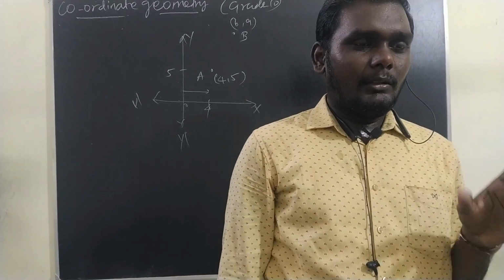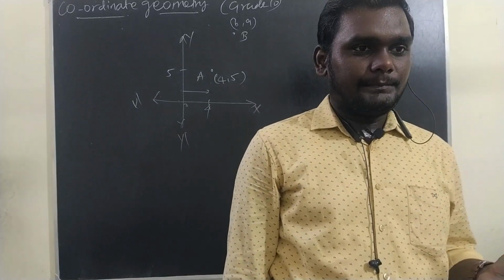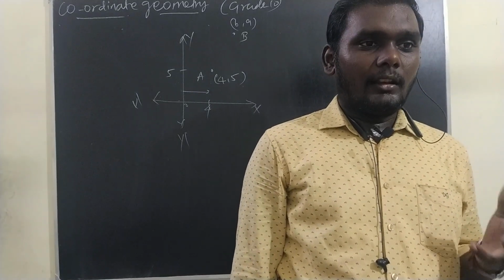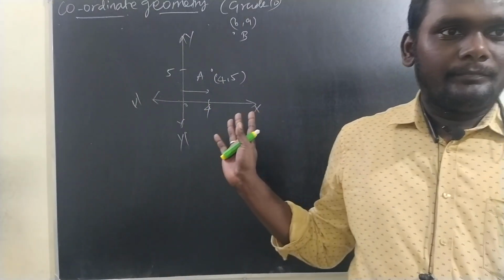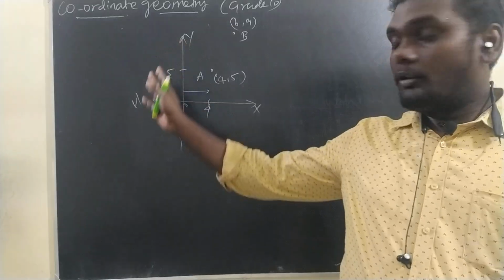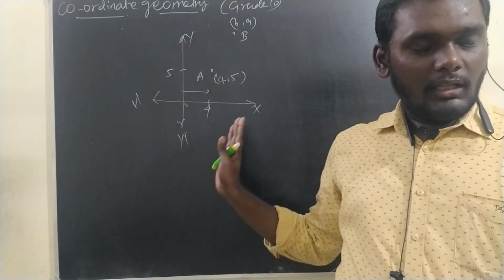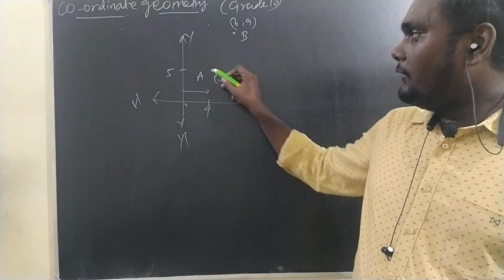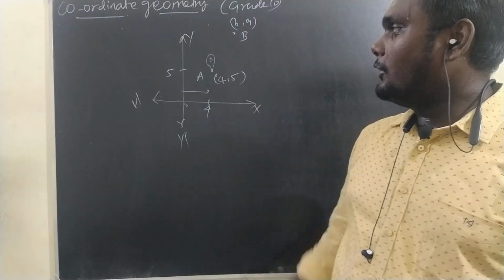See, one small example, one small application I may say. Like Google Maps that you are using, right? That and all is programmed using this coordinate geometry, and what you are studying here is the very basic of that. If you see the screen, that red color marker you may see, right?